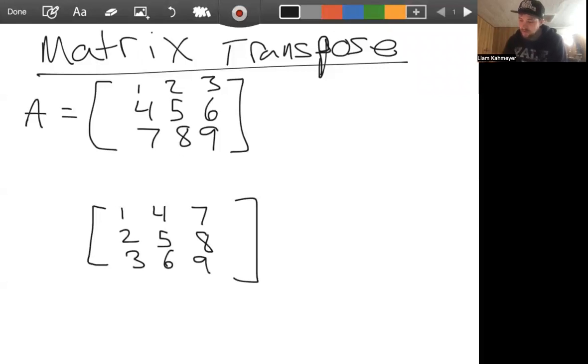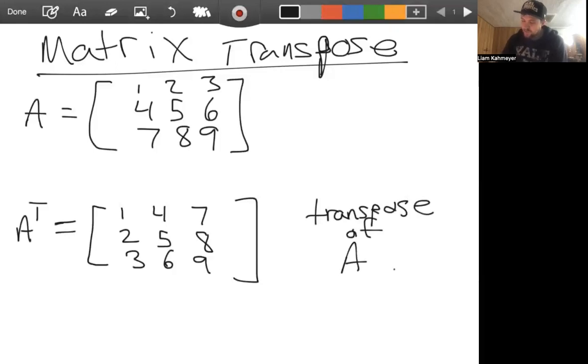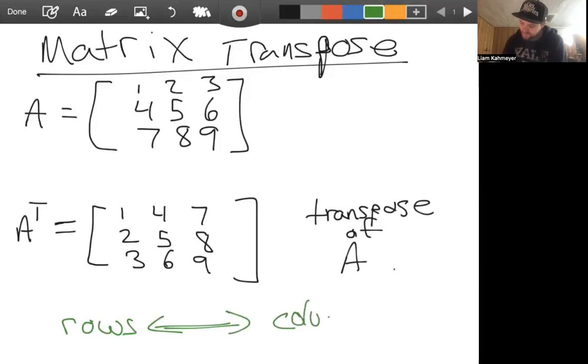What I did was I took what we will learn is the transpose of a matrix. So this is referred to as the transpose of A. And what I did, if you'll notice, for a square matrix, and this matrix is square, is I've taken the rows and exchanged them for the columns.